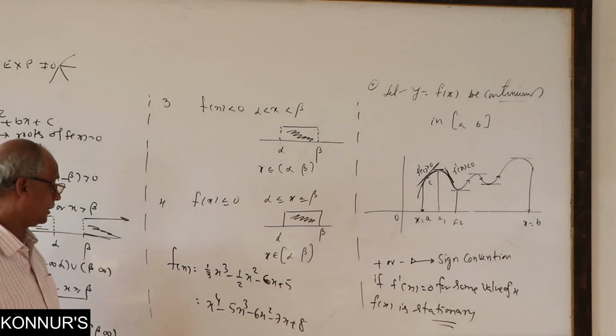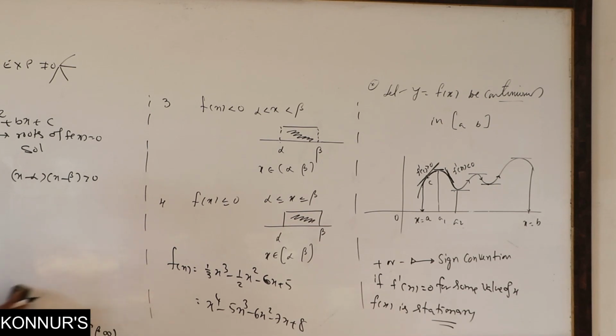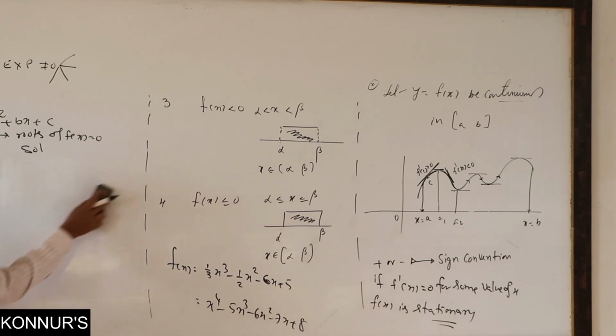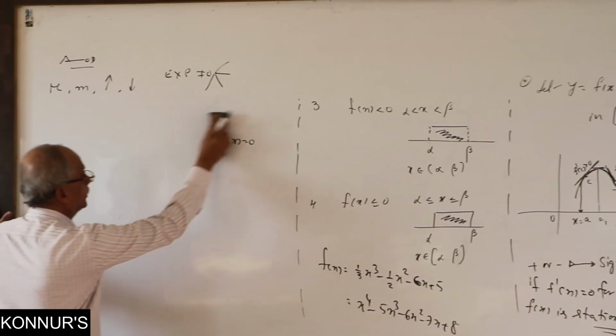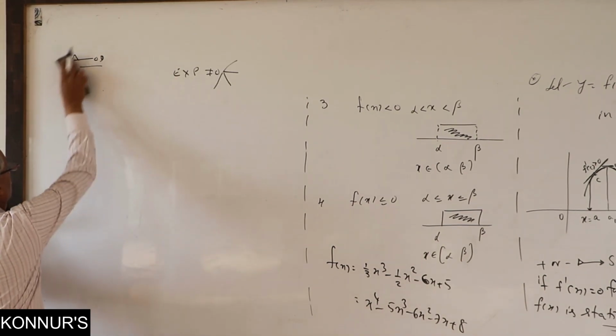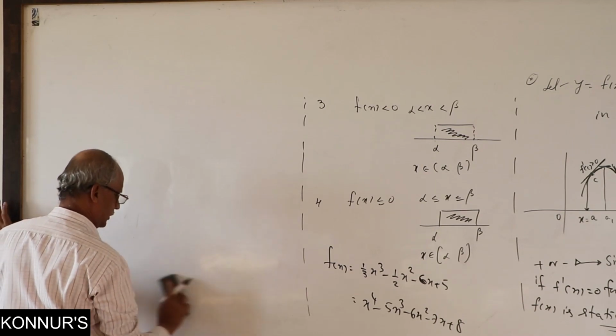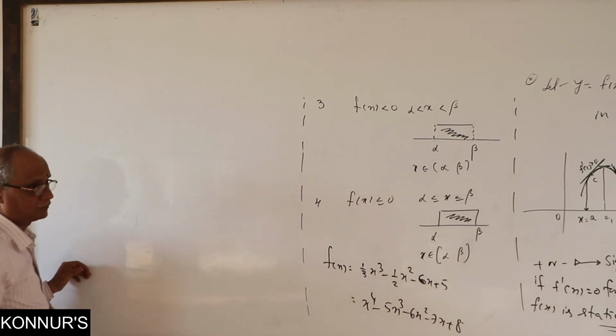In the sense, for what value of x? There is no value of x for which f dash x is 0. Okay, f dash x is not 0. That means I write one example to see no stationary point.